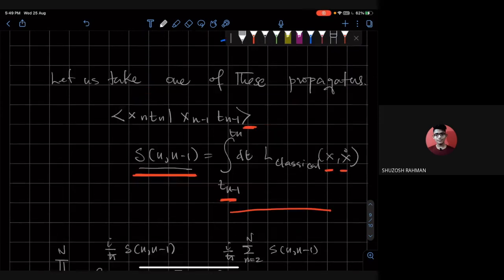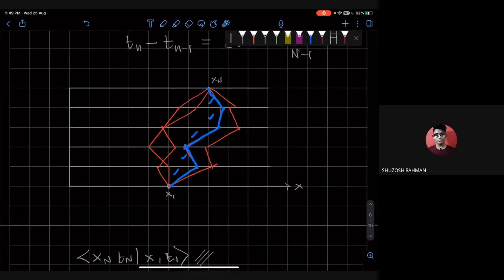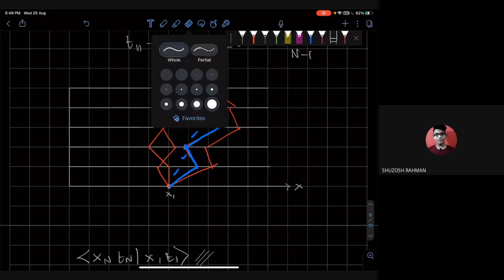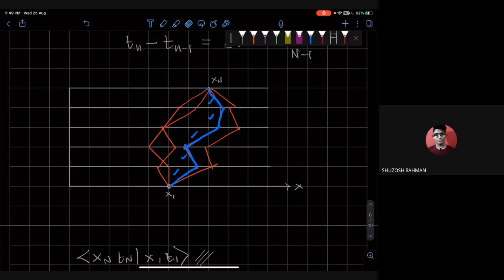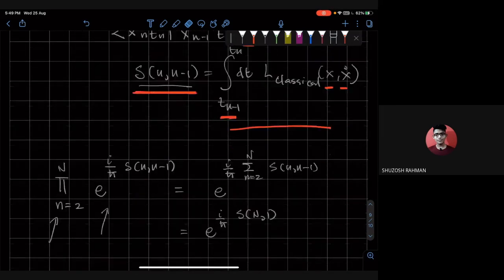This is the action that corresponds to this particular path. Okay, I'm going to erase these little tick marks, because otherwise it just creates confusion. So for this blue path, this is the contribution a la Dirac.